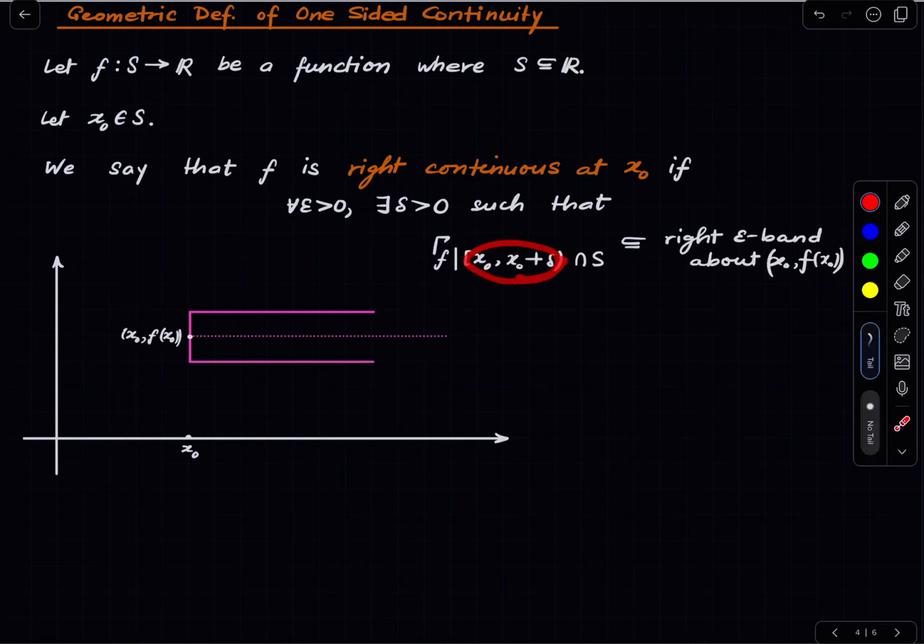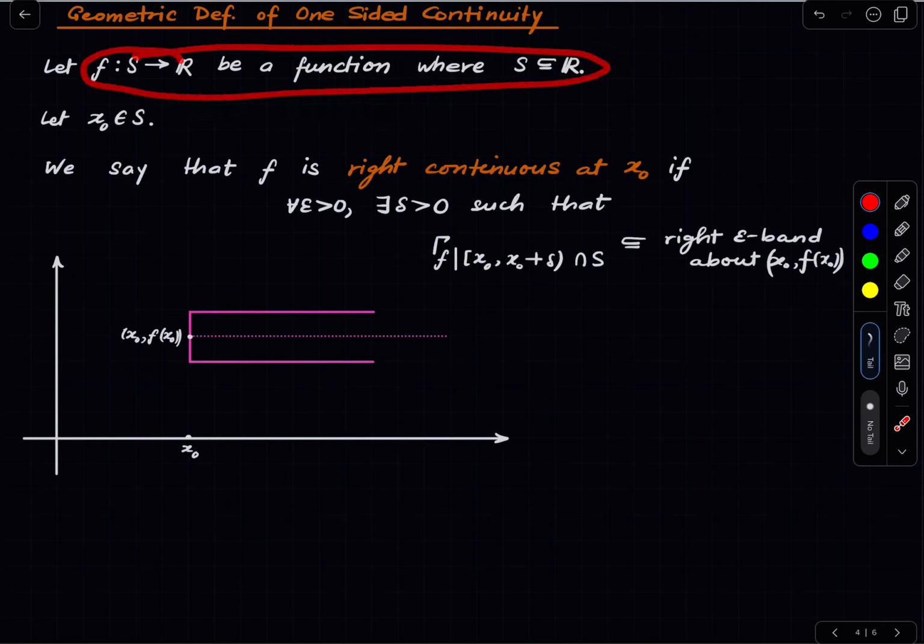This is the right delta neighborhood; we didn't define it, but that's what it is. And this is all the points in the domain of the function as well as in the right delta neighborhood. The graph of the function above it should look something like this, meaning it should be contained in the right epsilon band. That is the definition of right continuity at x0. Surely you could have written this definition by yourself if you followed the definition of continuity well, and I don't want to say too much about it, but I will say this.